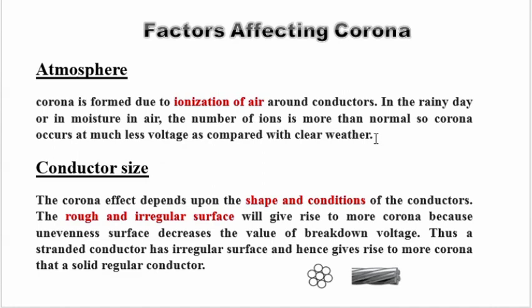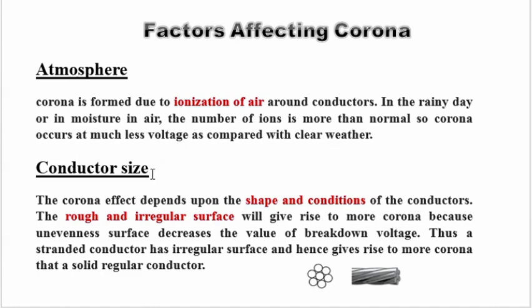I have explained that the corona effect is facilitated by ionization of air, and this ionization of air occurs because of moisture in air, and during the moisture of air, when we have a higher non-uniform electric field, the corona effect will be very high.